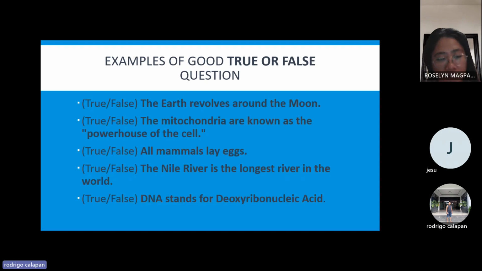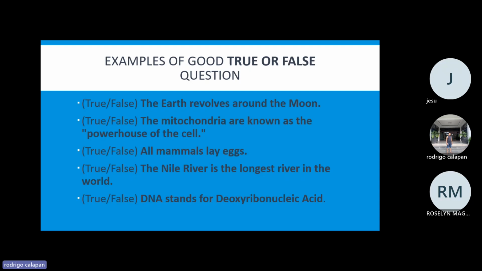It tests students' knowledge of basic genetic terminology and the structure of DNA. So these sample true or false questions are effective because they cover different subject areas, provide clear and concise statements, and have definitive answers that require knowledge and understanding of the respective topics.